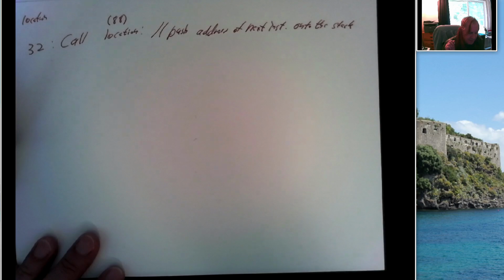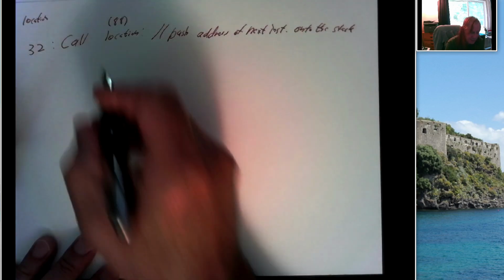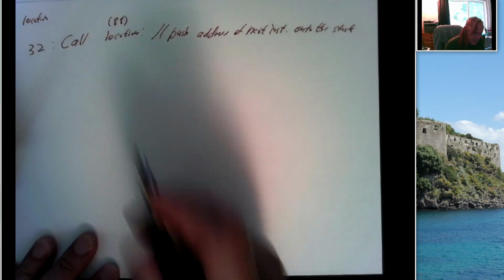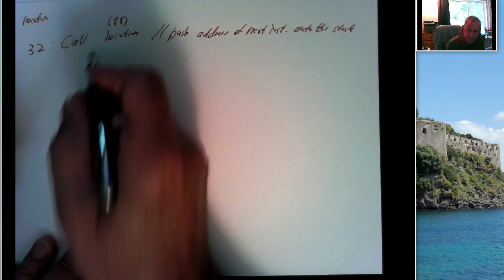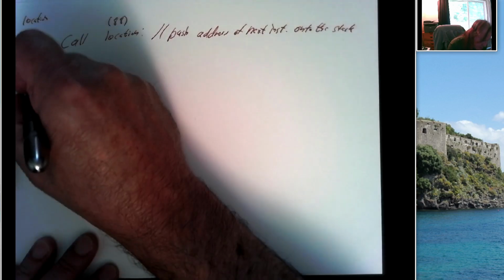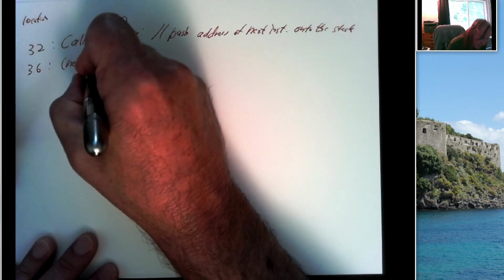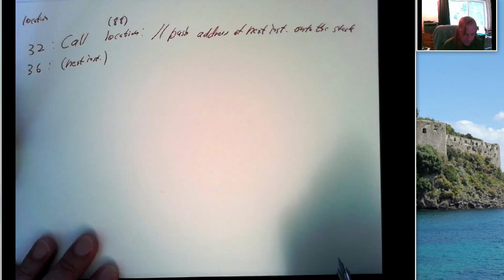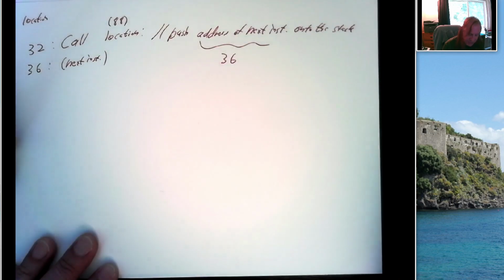Alright, the processor needs to remember where I should jump to when I'm done executing this code down here at this location. So it finds the address of the next instruction. Now call takes 4 bytes, so the next instruction is going to be at location 36. So it's going to push 36 onto the stack.